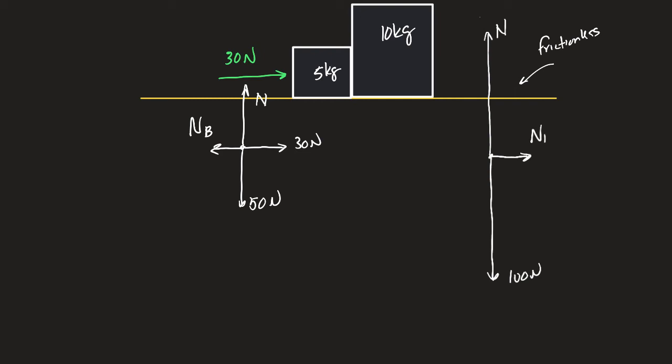And this represents my third law reactive force. This force and this force must be equal but opposite. They connect the two objects together. This is how I'm able to push the other box, by pushing through the first box.